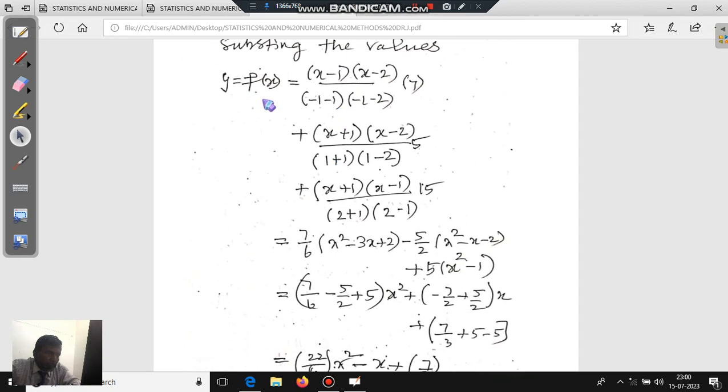Simplify this, multiply this and this: x into x square, x into minus 2x, like that.